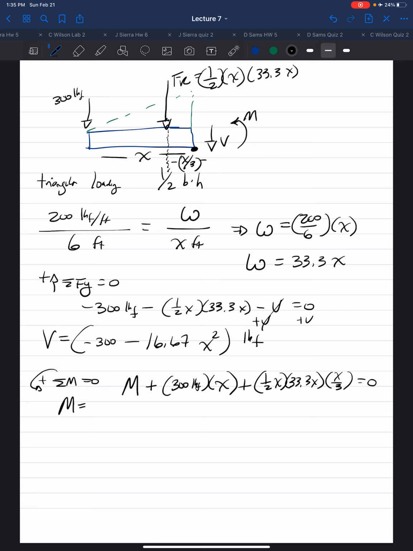Rearranging this equation, your bending moment is negative 300x minus 5.56 x cubed, and this is in units of pound force feet.